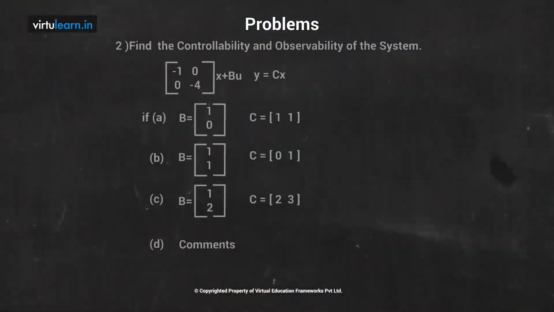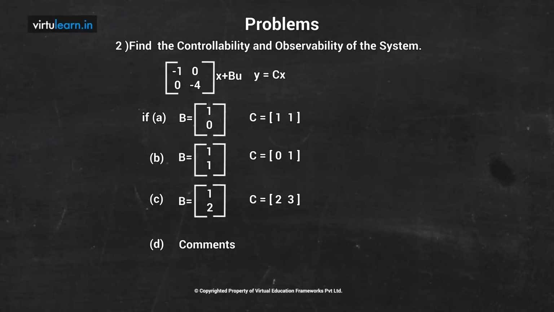The problem statement goes like this. The state space model of the system is given by x dot is equal to [-1, 0; 0, -4] x plus bu, and y is equal to cx. Part A: if B is [1; 0] and C is [1, 1], obtain the controllability and observability.